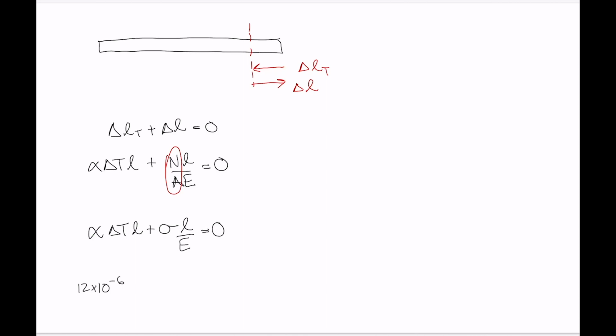Temperature change: the final temperature is minus 20, subtract the initial temperature, which is 25. The difference is minus 45. Length is the original length of the steel, that's 100, plus our stress, length 100 divided by modulus of elasticity, 200 times 10 to the 9. Out of this equation, we get a value of stress that is 108 MPa.